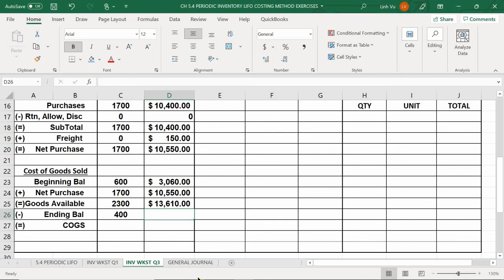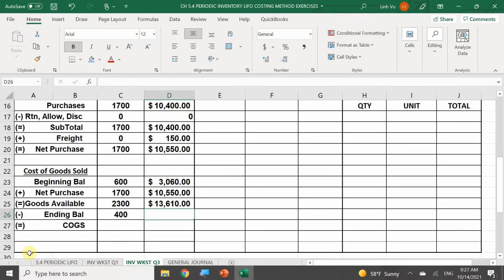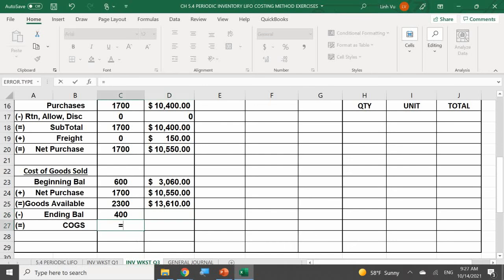At the end of the accounting period, May 31st, we were told you had 400 units left on hand. If I started with 2,300 units available to sell and have 400 left, I must have sold how many units? 1,900. You must have sold 1,900.